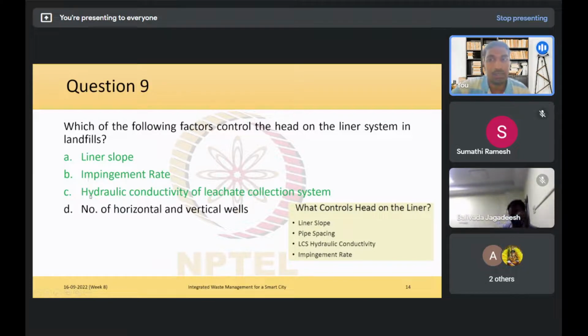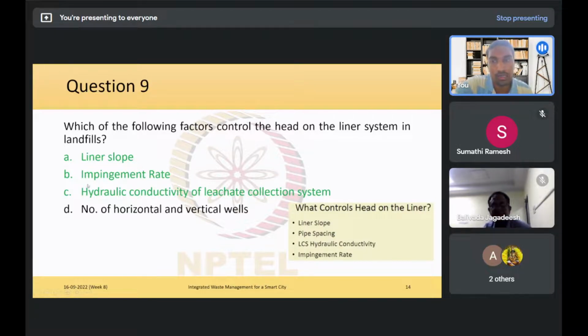And C is, you can say, in between, right? Once we have some input and some output, something happens in between. That is the hydraulic conductivity of the leachate collection system: how quickly the incoming leachate or wastewater can enter into this collection system and then leave the landfill through the slope that we have provided.